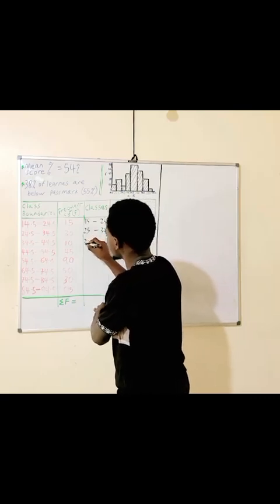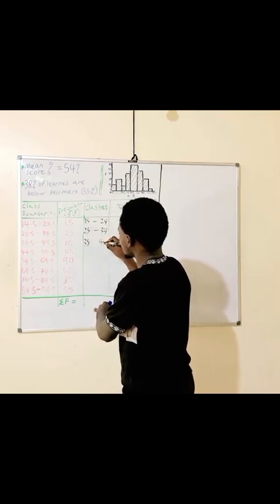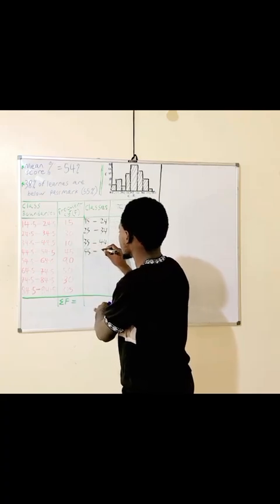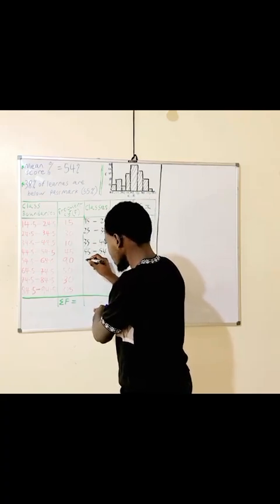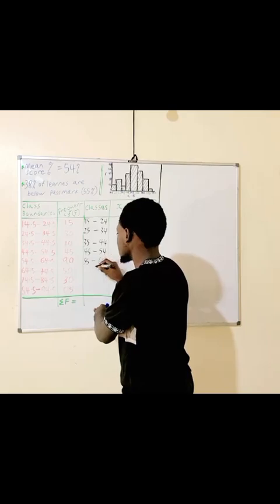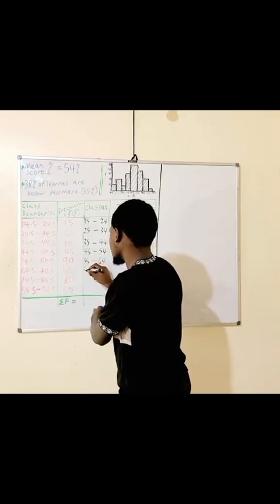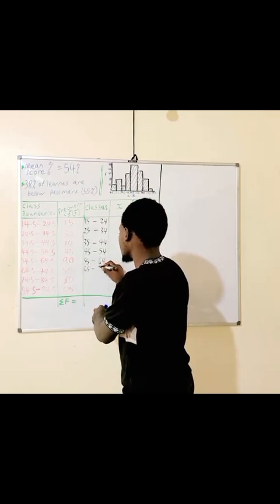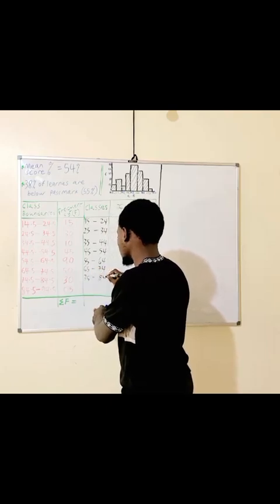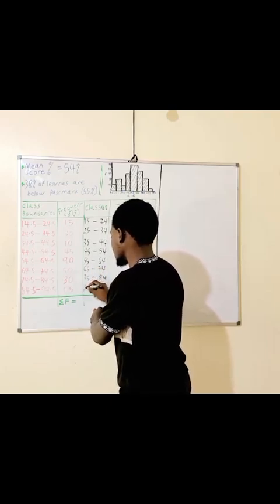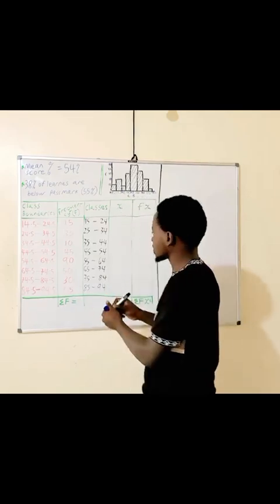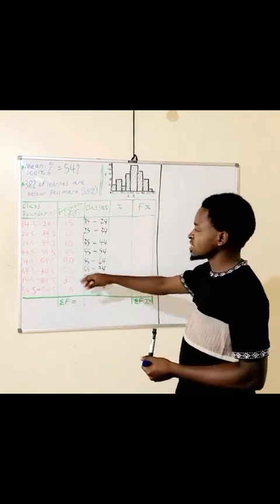This is 35, this is 44, this is 45, this is 54. This is 55, this is 64, this is 65, this is 74, 75, this is 84, and this is 85. And the last one is 94. So this is our class. We obtain it from the class boundary.